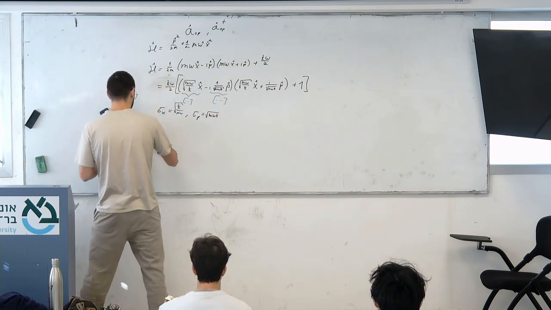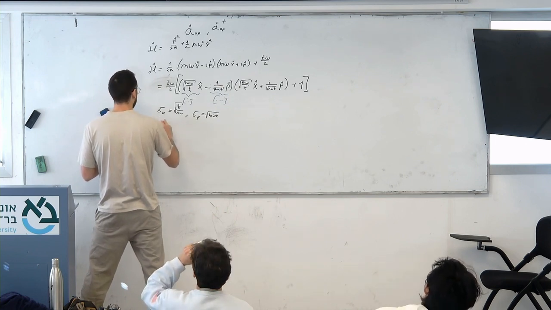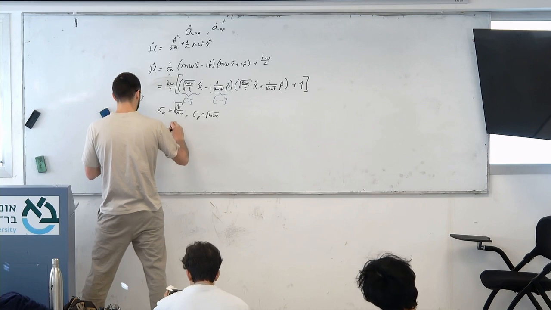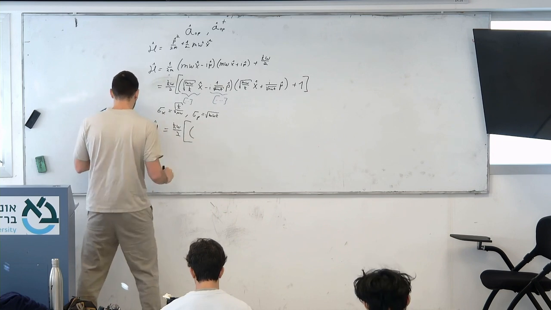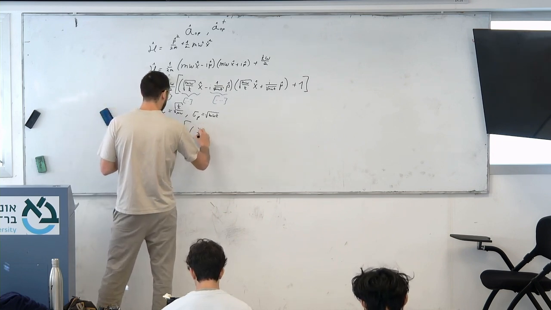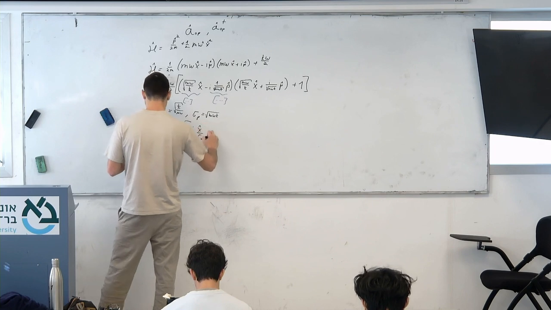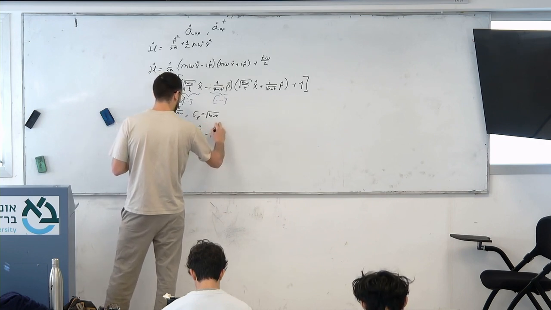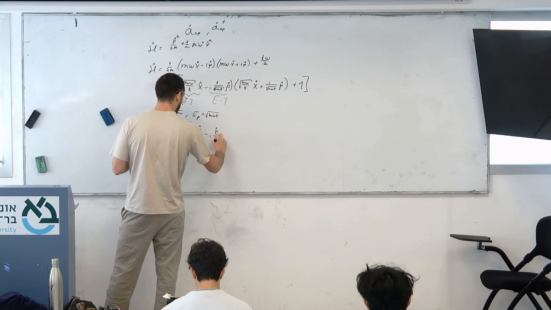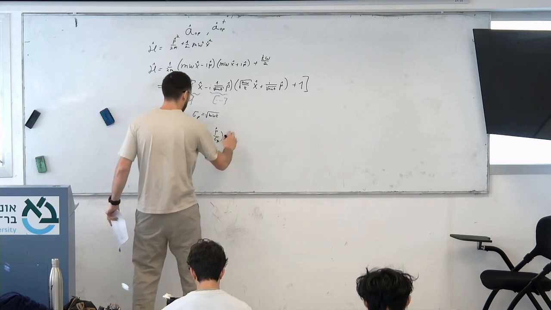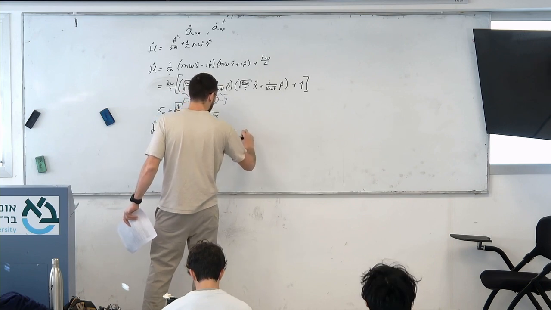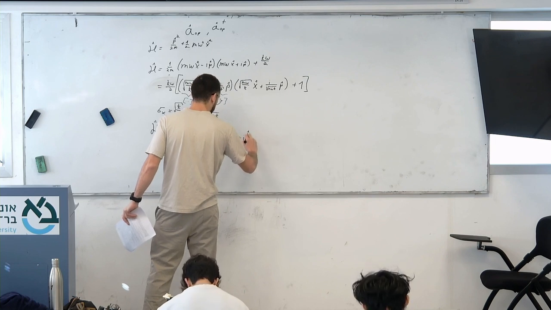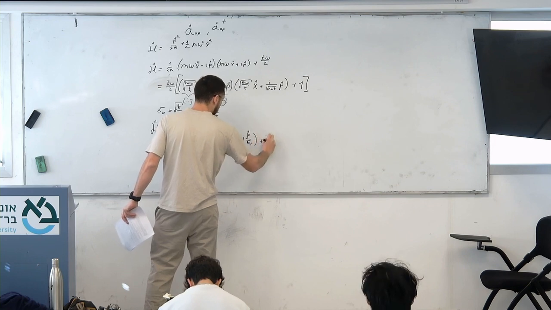And we get that our Hamiltonian is equal to h bar omega over 2 times x over sigma x minus i p over sigma p, times x over sigma x plus i p over sigma p, plus 1.